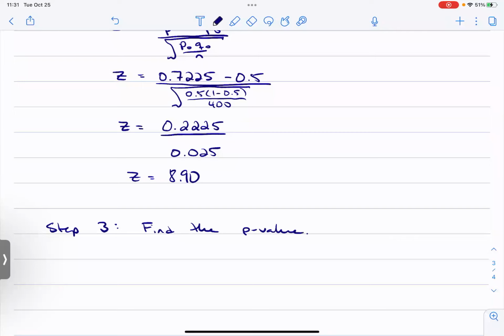Remember the definition of the p-value is the probability of seeing something as extreme or more extreme than what you saw, assuming the null hypothesis is true. Okay. Maybe let's remind ourselves of that.